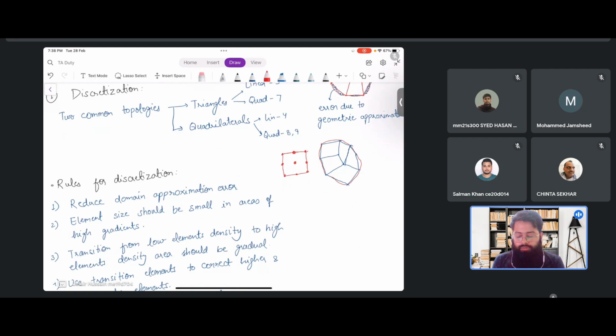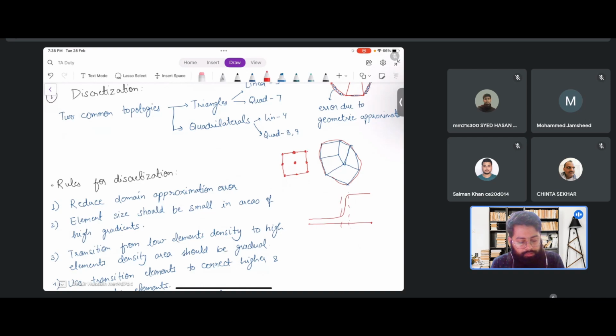Also, second thing is element size should be small in areas of high gradient. This thing should also be taken care of in 1D also. It's not a specific case for 2D or 3D. Suppose if we have a simple line element here and we have some solution varying here and suddenly jumping to this value here. So in this area there are high gradients.